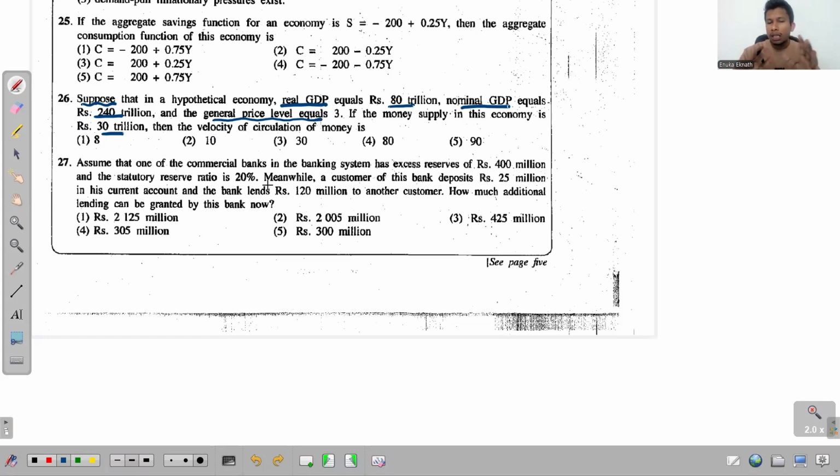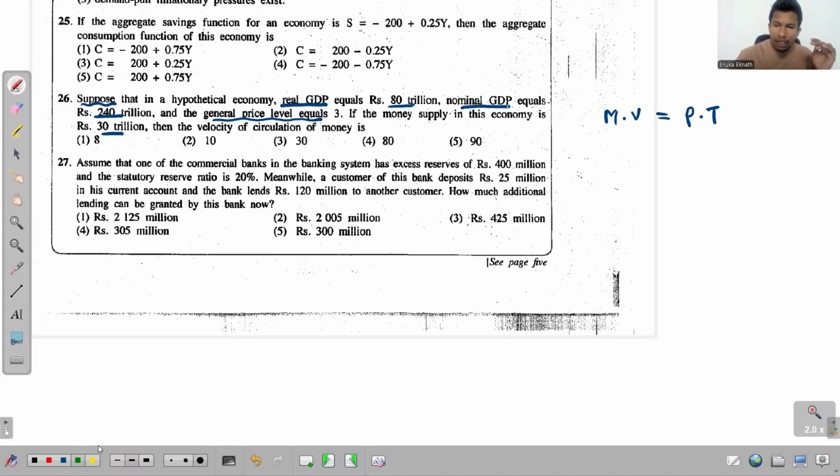When you look at all these figures given to us in this question, you can understand that this question is from the equation of exchange. The way that we develop this equation of exchange is money supply into velocity of circulation of money is equal to price level into real output.